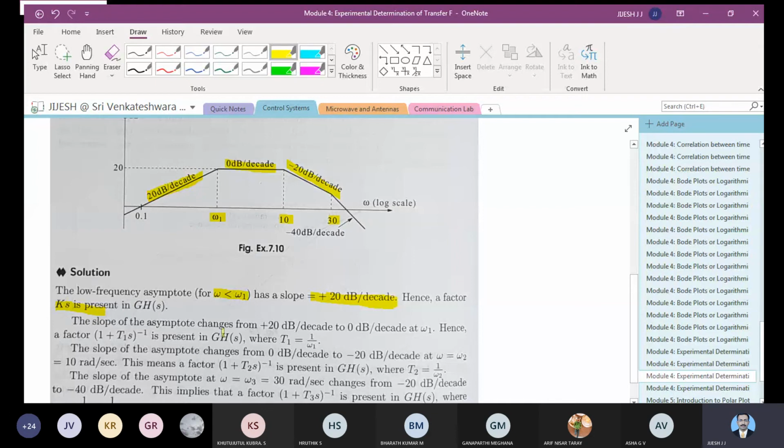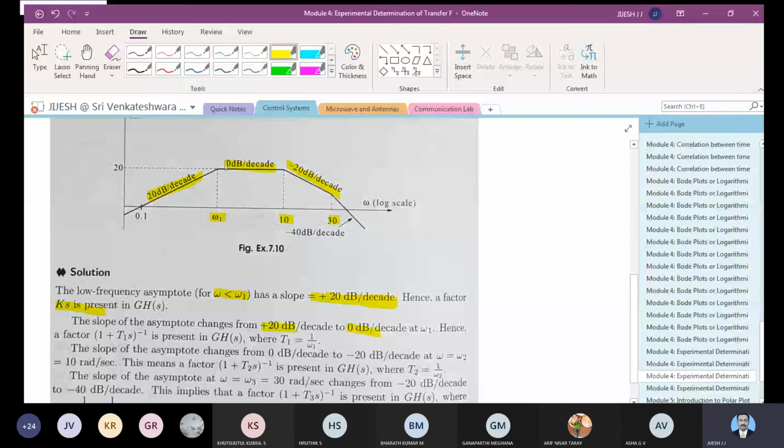Now you can see some changes from plus 20 dB. It was in plus 20 dB, and it changed to 0 dB. When it converted to 0 dB, it means a minus 20 dB slope got added to that.